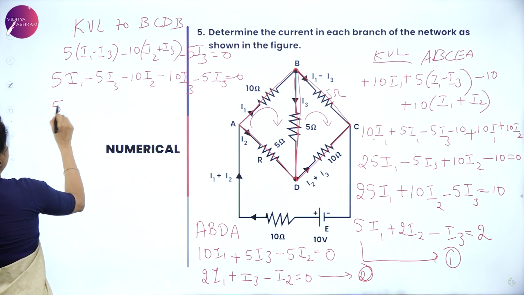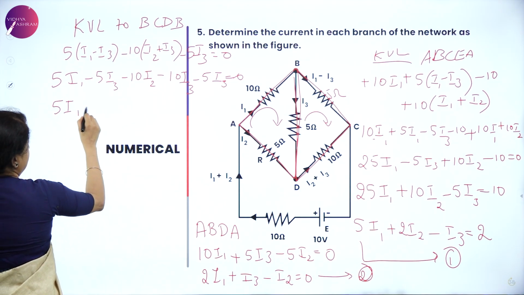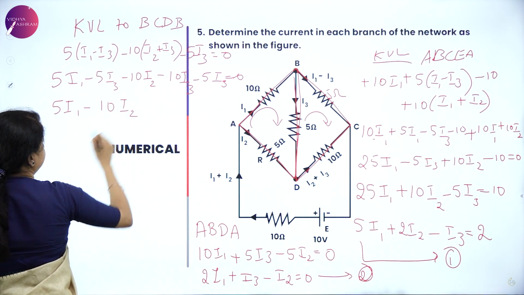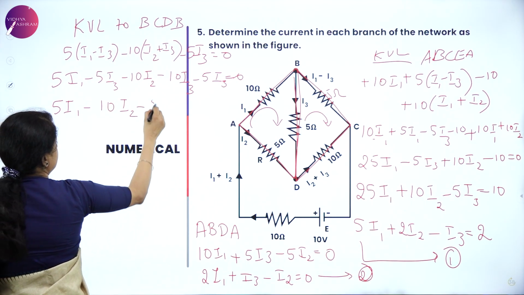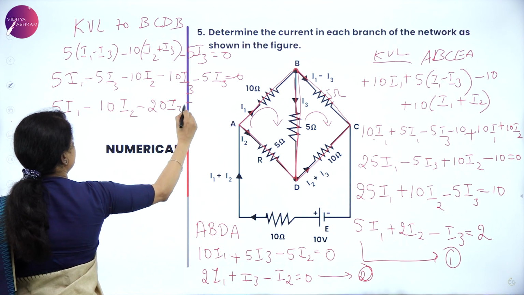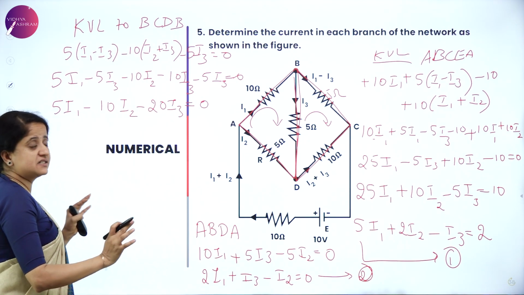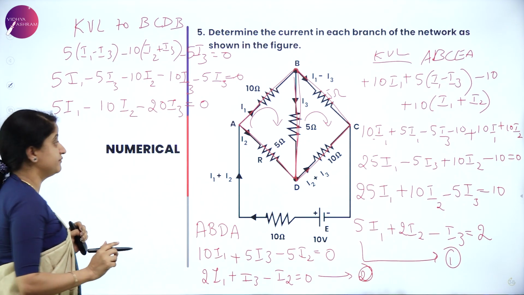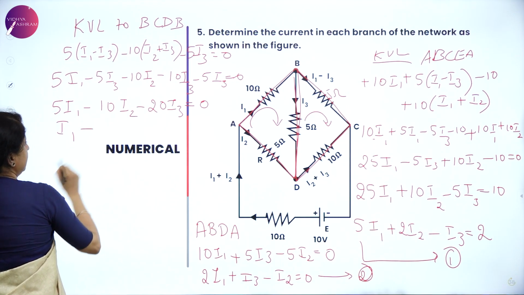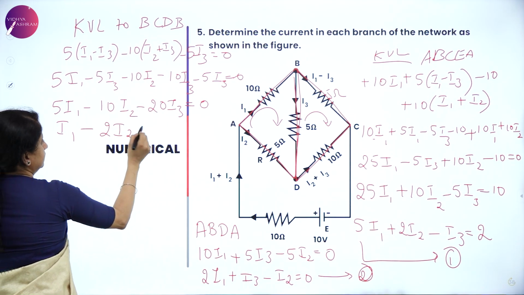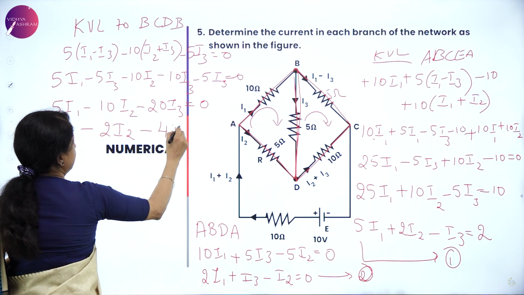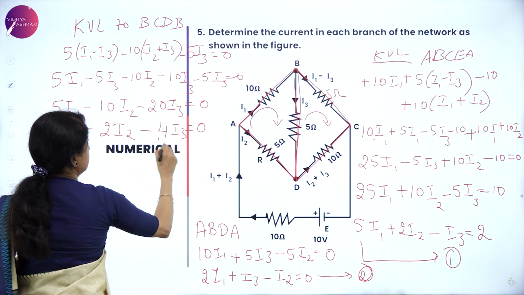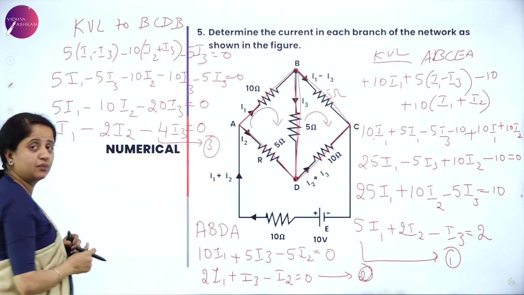So, we get 5 I1 minus 10 I2 minus 20 I3 is equal to 0. Let us now divide the entire equation by 5 and we get I1 minus 2 I2 minus 4 I3 is equal to 0. Let us say this is equation 3.